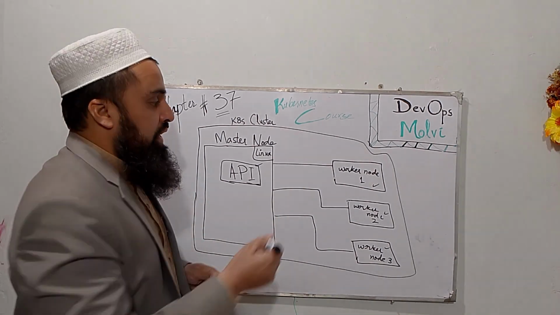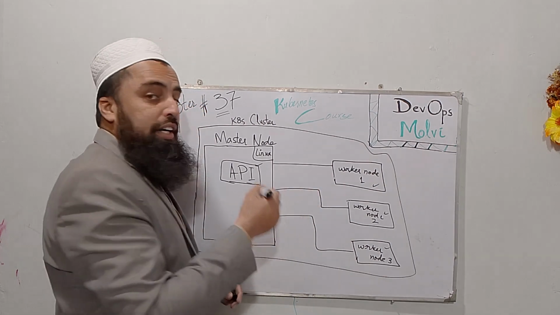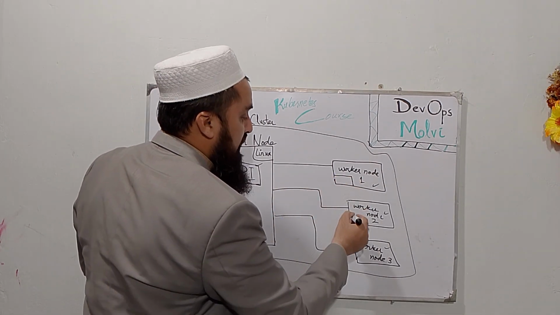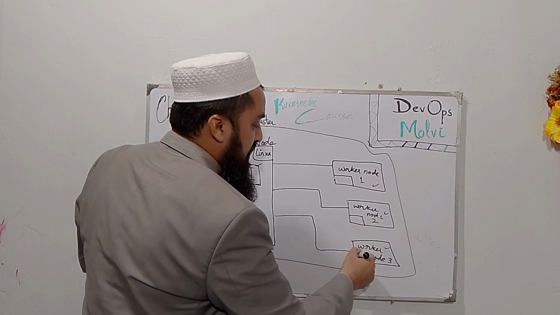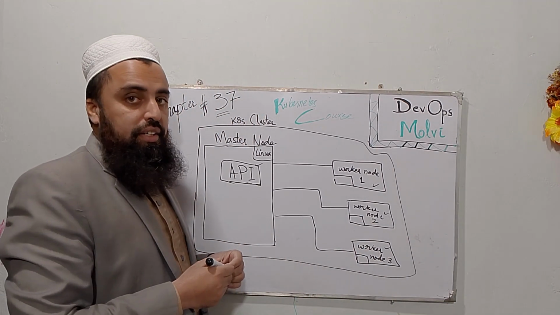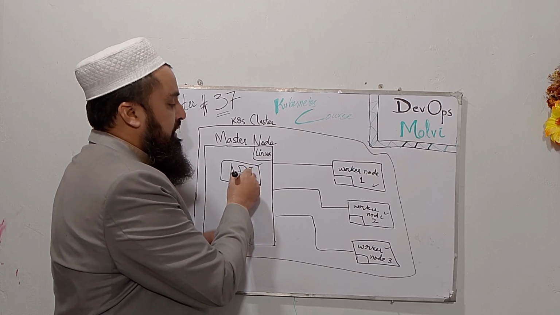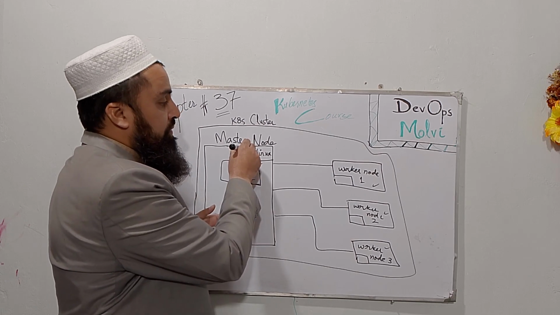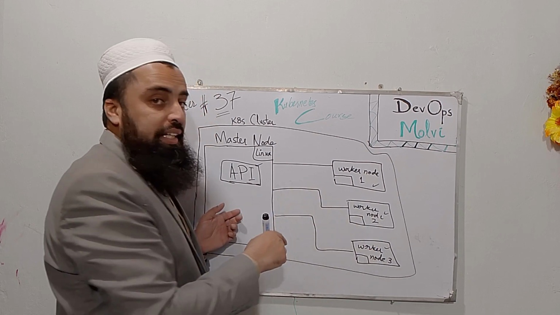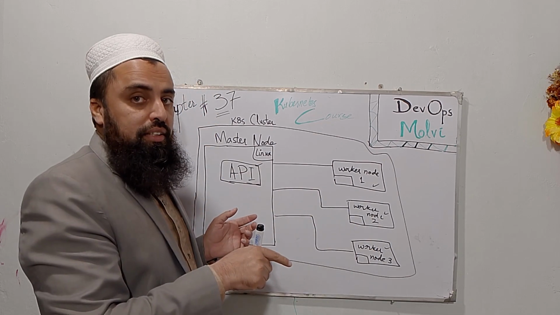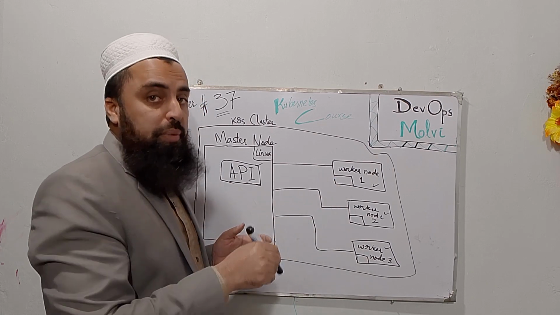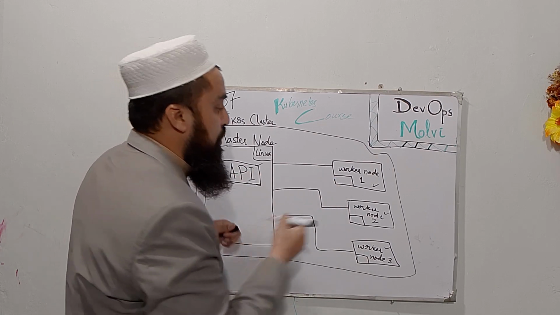The Kubelet service comes with a Kubelet agent, so I have to install this Kubelet agent on each worker node, because the API server on the master node communicates with the worker nodes using the Kubelet service, and the Kubelet agent should be installed on each worker node.